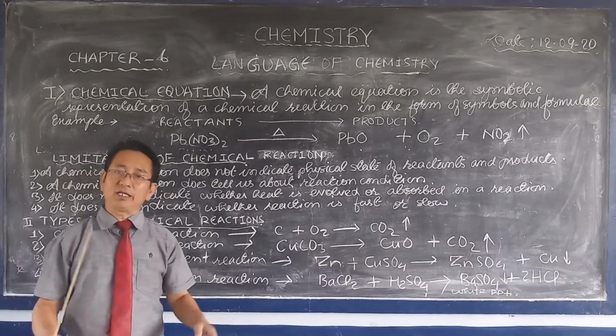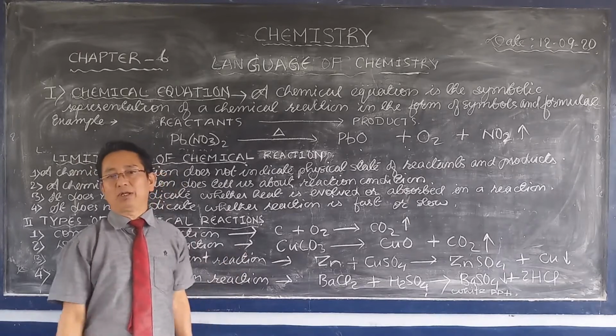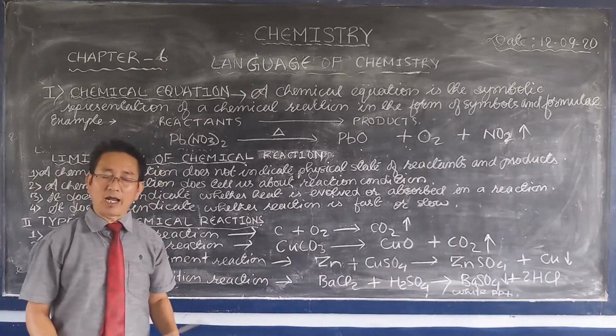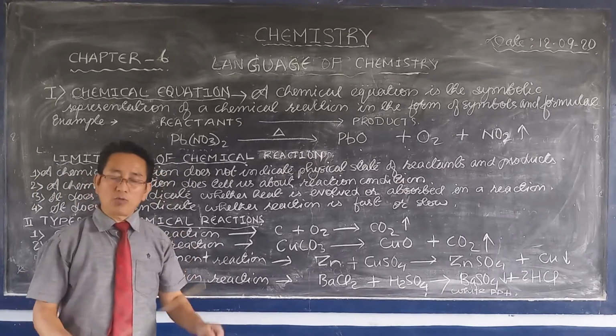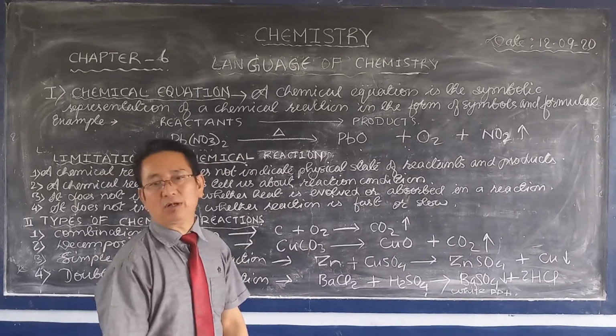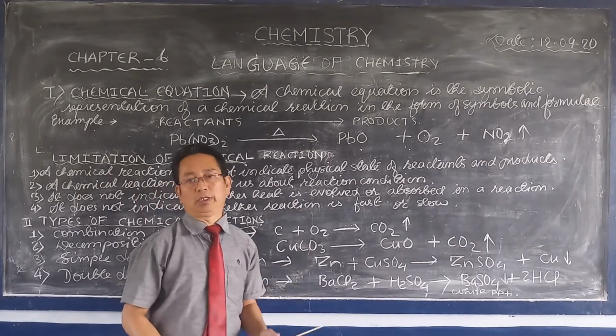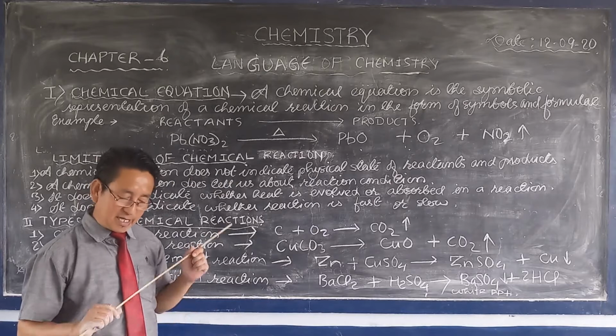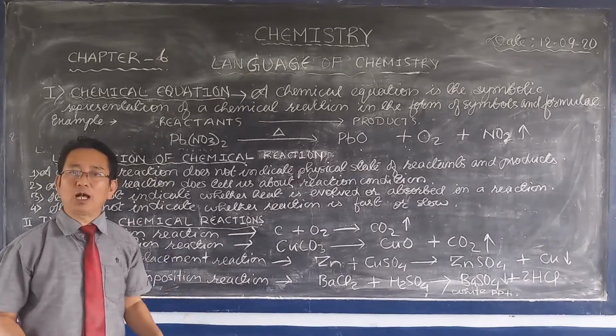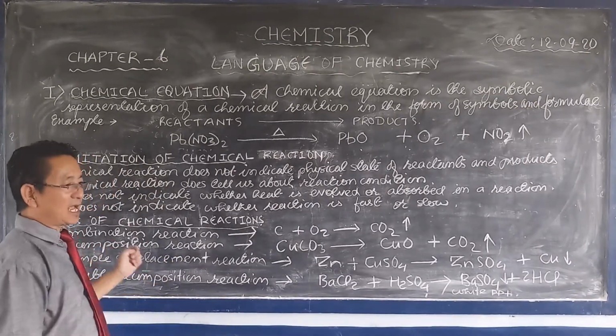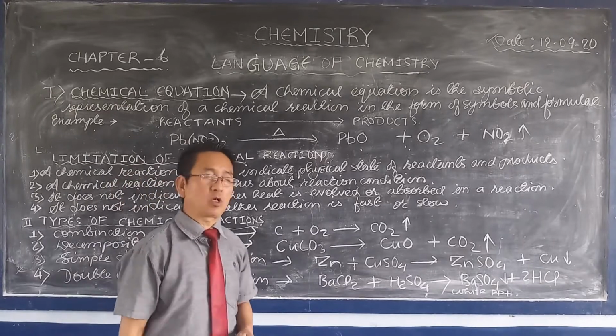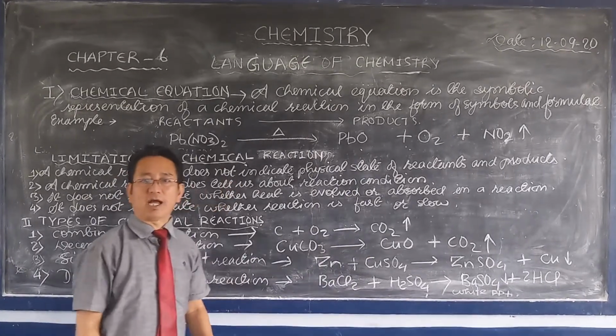While writing the chemical equation of a chemical reaction, first we write the equation of the chemical reaction in words. Second, we write the formula of the reactants on the left hand side and the formula of the products on the right hand side.